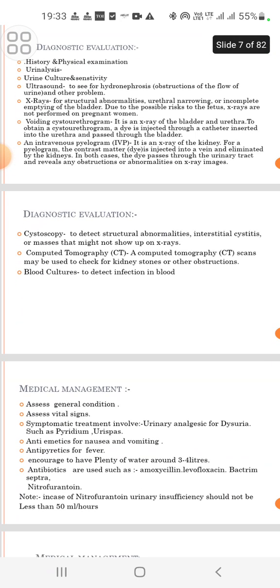Next, we'll go for the medical management. If you talk about medical management, we try to resolve the problem with conservative treatment. The first step is to assess the general condition of the patient. So we see the health status of the patient, and what problem the person actually has.